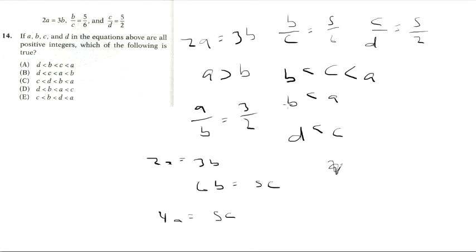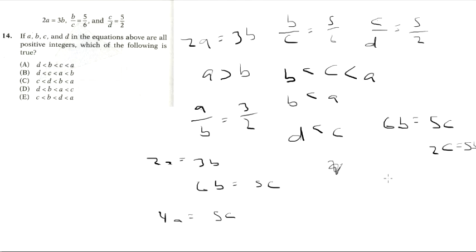So now we need to relate d and b. Okay, so we'll just have to do these two here. So 6b equals 5c. 2c equals 5d. Right, from this guy.